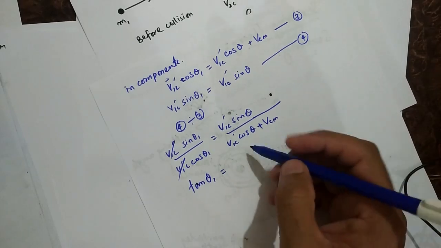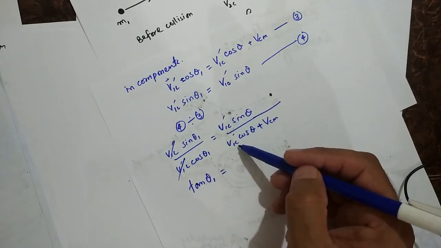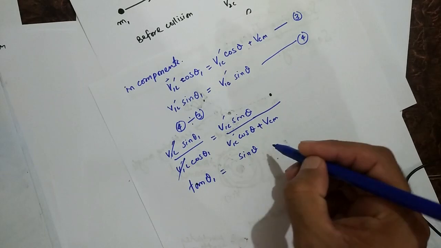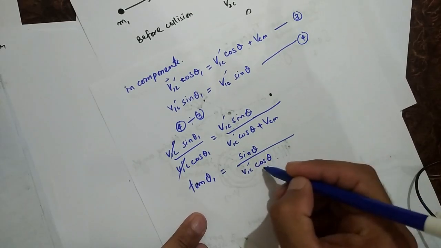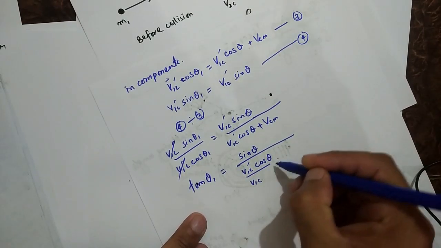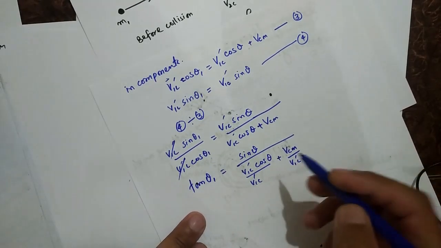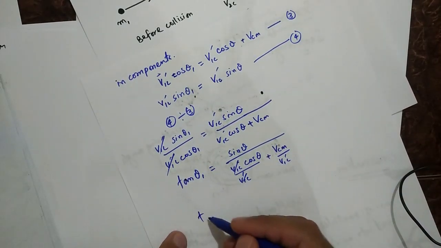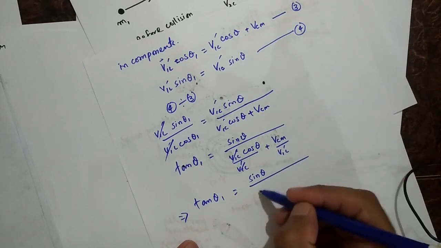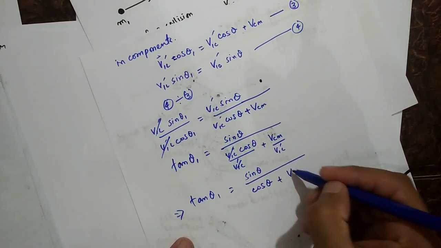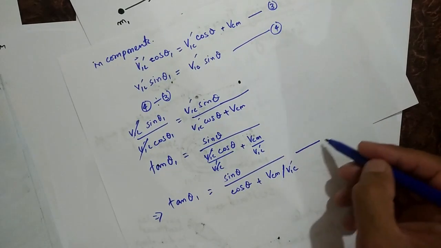Dividing the numerator and denominator by v1 dash c, they cancel, and we are left with tan theta 1 equal to sine theta upon cos theta plus VCM upon v1 dash c. Let this be equation number 5.